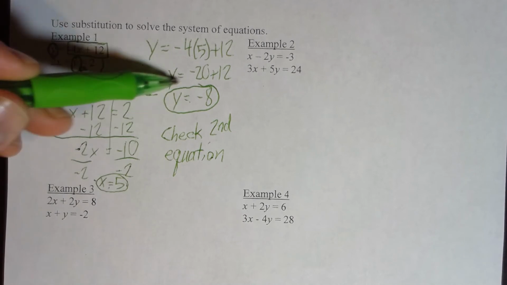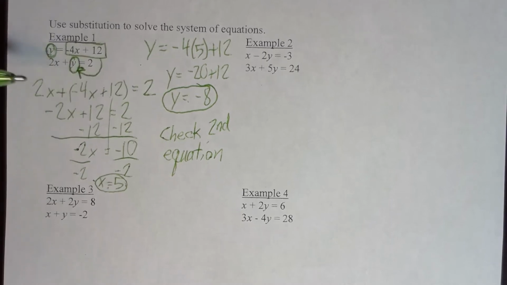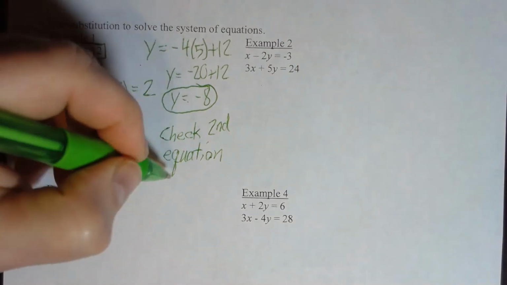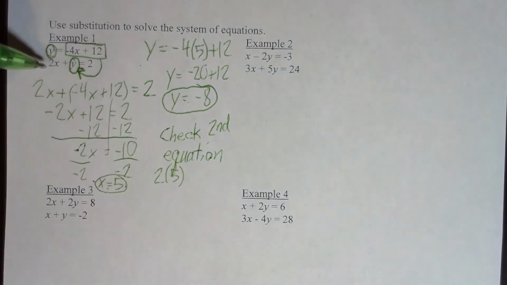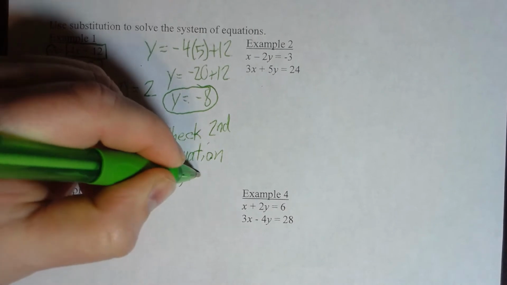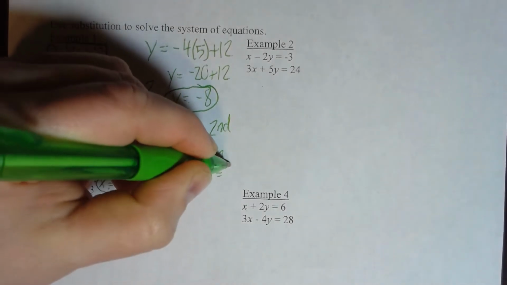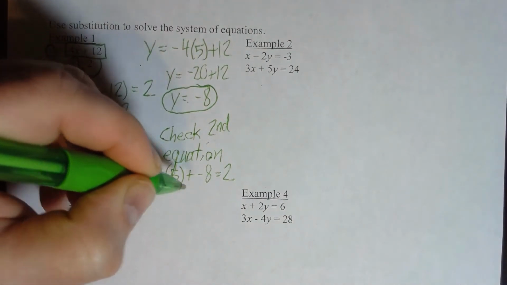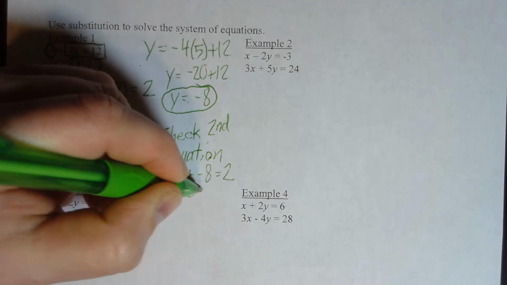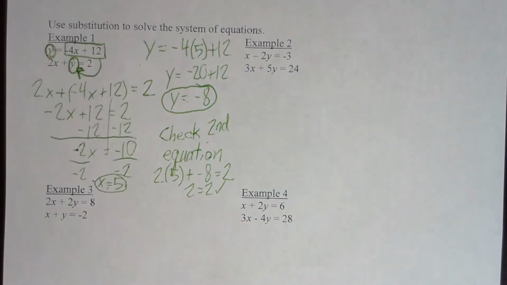But the question is, does it work for the second equation? Let's check. Is 2 times x, 2 times 5, plus -8, equal to 2? 2 times 5 is 10, minus 8 is 2. Now I've checked it. Now I'm ready to write my solution.